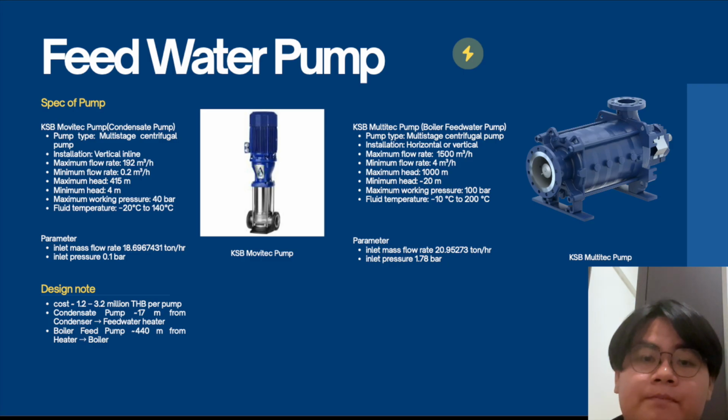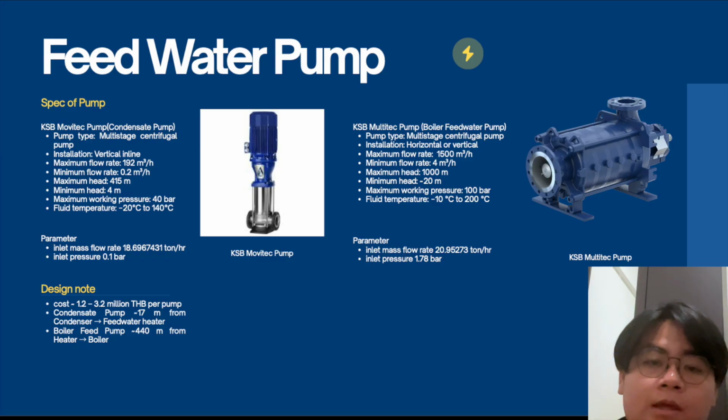For the condensate pump, the type is multi-stage centrifugal pump. Installation is vertical inline. Maximum flow rate of 192 cubic meter per hour. Maximum head of 415 meters. Maximum working pressure of 40 bar. Parameter: inlet mass flow rate of 18.7 ton per hour, inlet pressure of 0.1 bar.